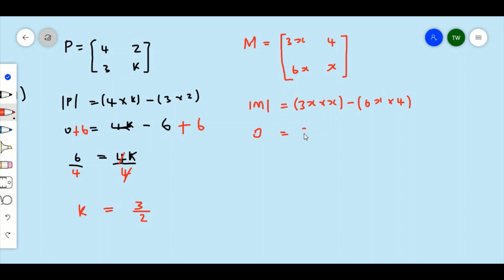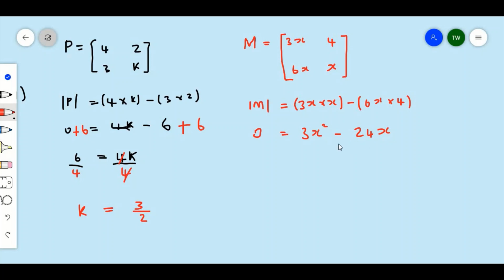That's going to give us 3x squared minus 6x times 4. That's going to give us 24x, right?